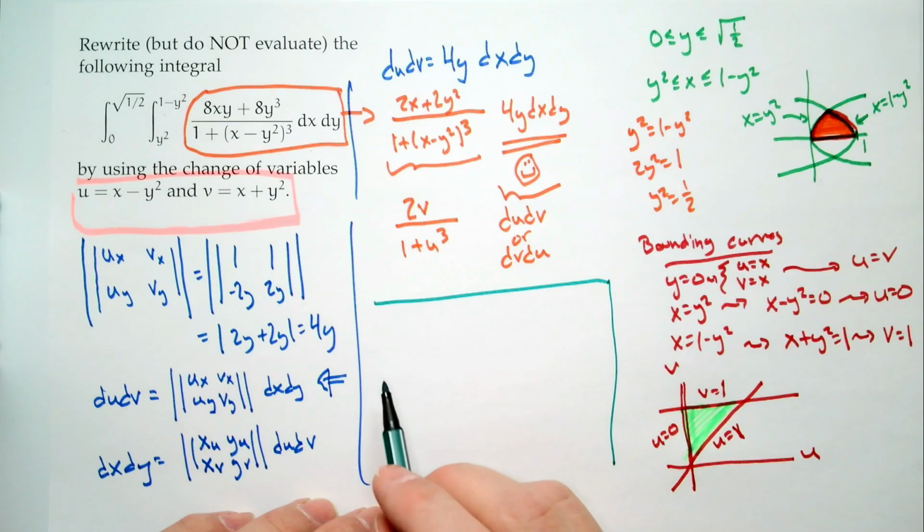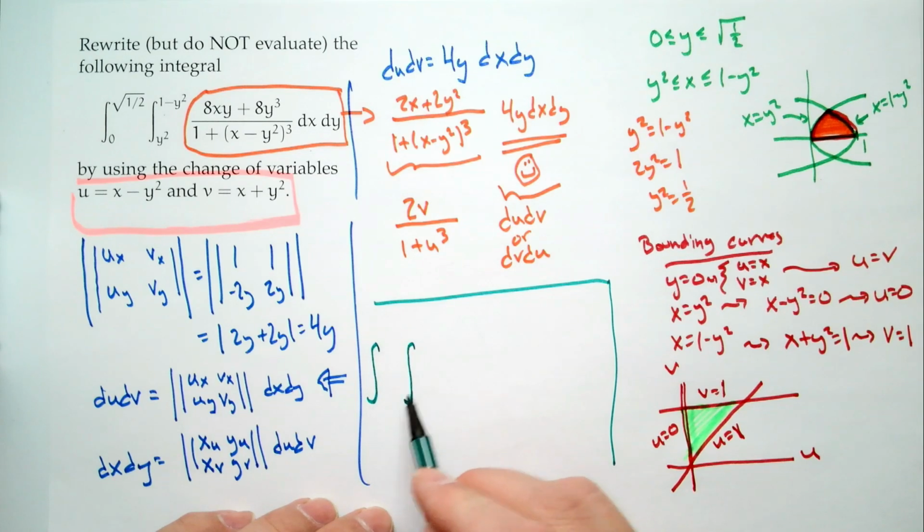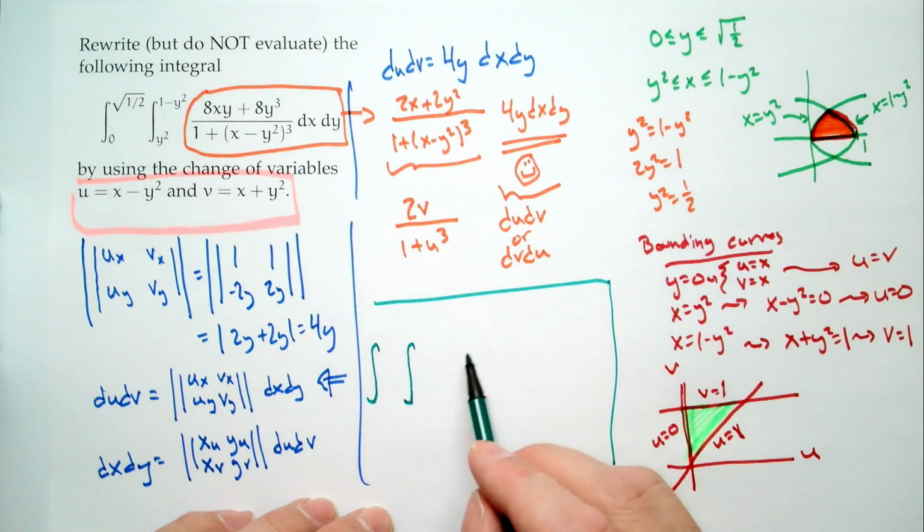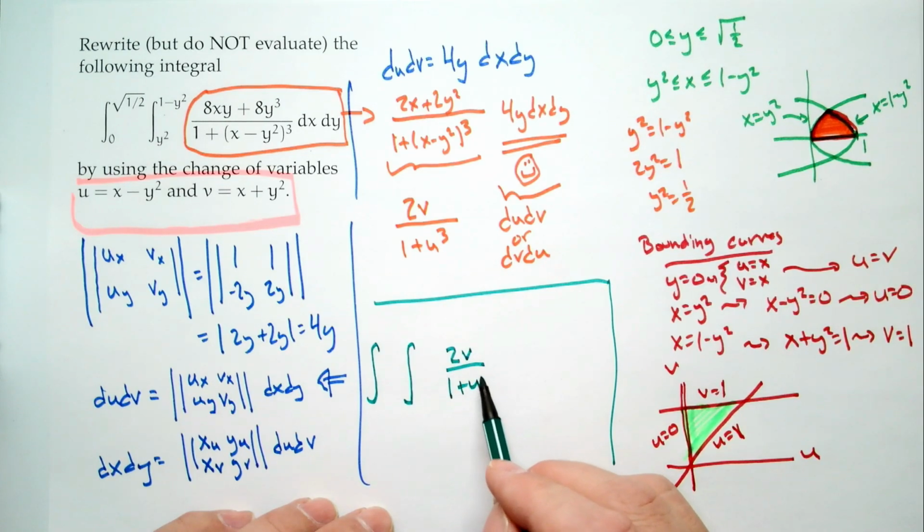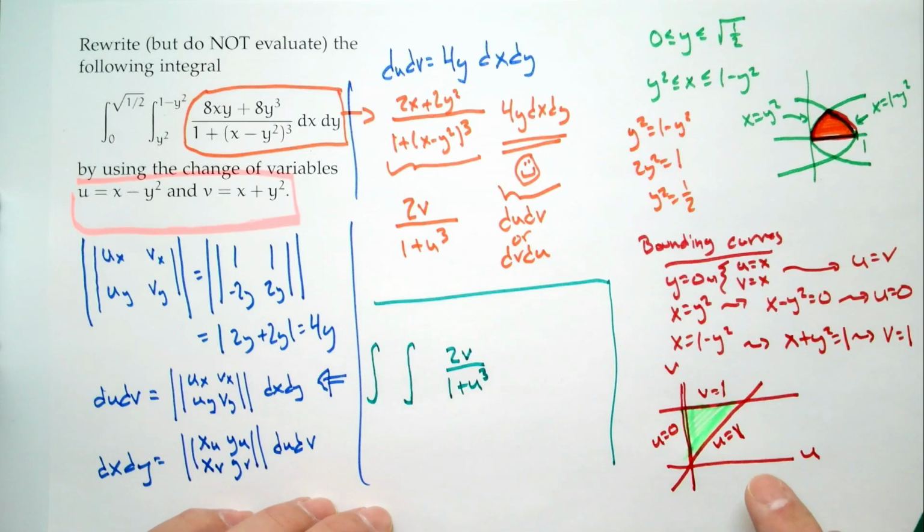All right, so now we're ready to do our integral. Integral, our function, 2v over 1 plus u cubed. Now, the question: do you want to do du dv or dv du? We don't actually have to do the computation, so we can do either one. Which one seems easier to describe? Now, suppose we did have to do the computation.